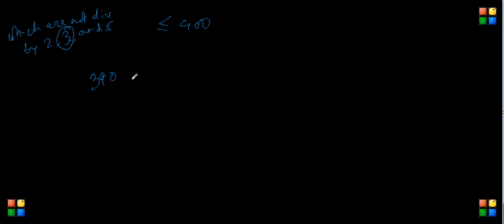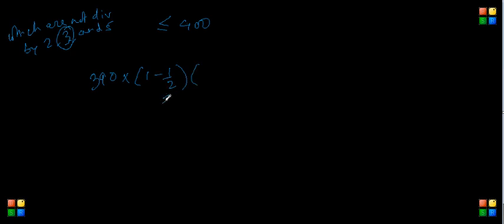So if I were to find all the numbers less than or equal to 390 which are not divisible by 2, 3 and 5, just extending from the last problem that we discussed, we will multiply by 1 minus 1 by 2.